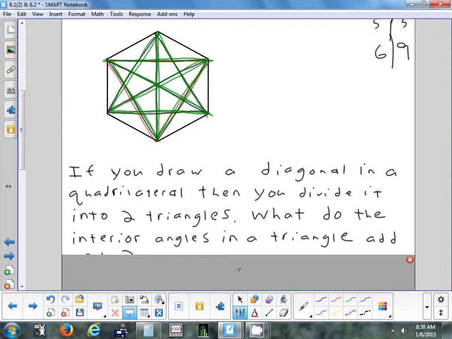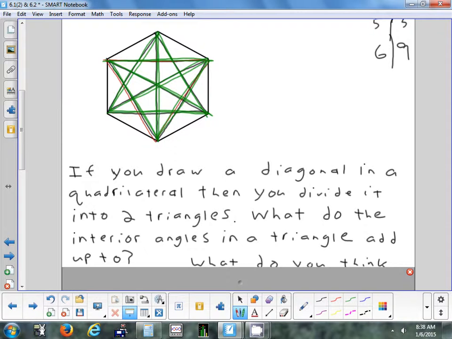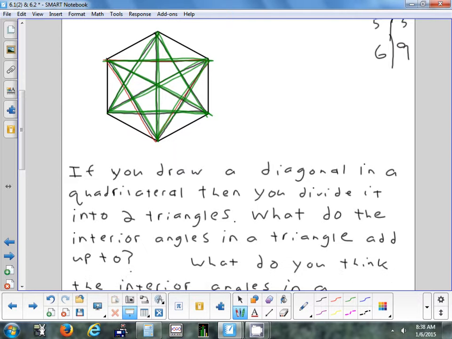So if you take a quadrilateral, any quadrilateral, and you draw in a diagonal, that makes it into 2 triangles. What do the angles in a triangle add up to? All the interior angles. Yeah, 180. So what do you think the angles inside a quadrilateral will add up to?